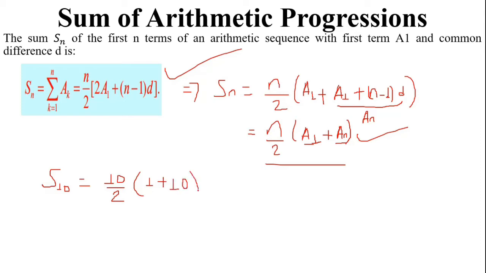This can be calculated as 10 over 2, that means 5, times 11, that is 55.